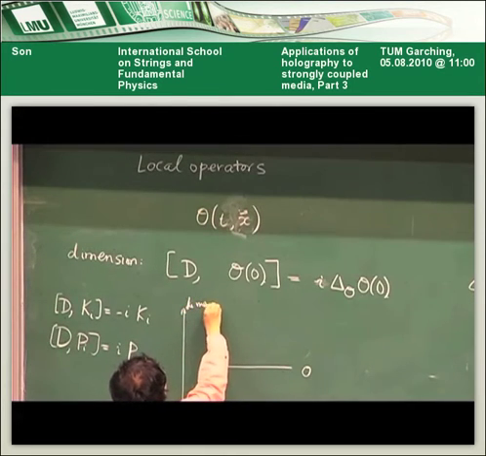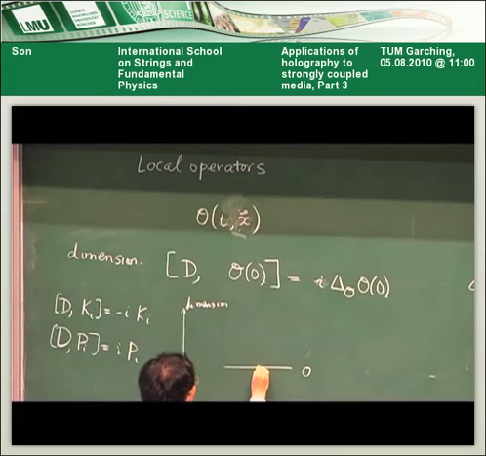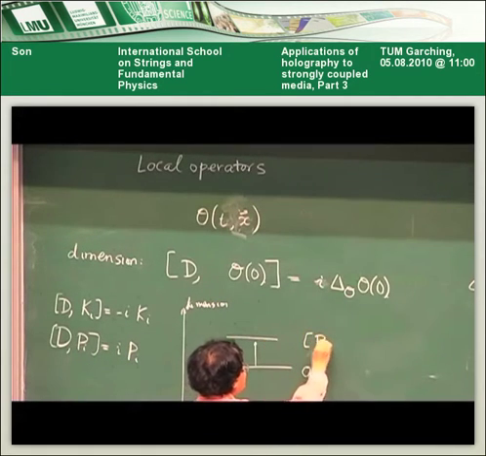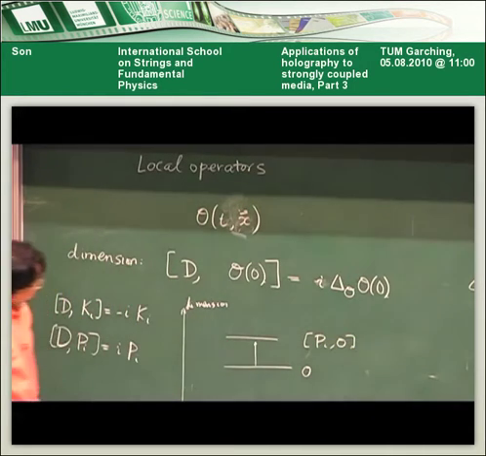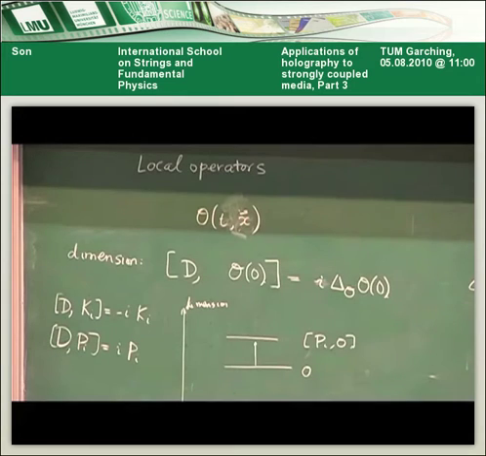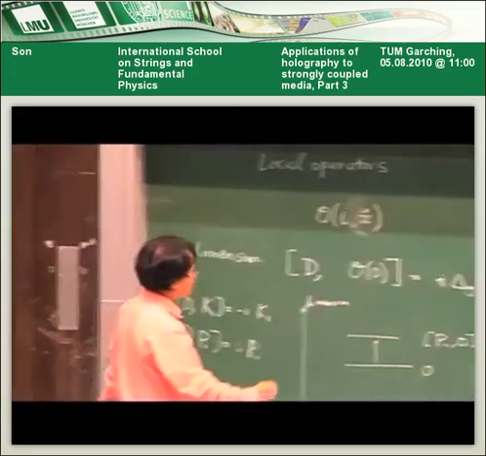and you commute with P, you raise the dimension by 1 unit. In other words, commuting an operator with P would mean taking the first derivative of the operator with respect to space.